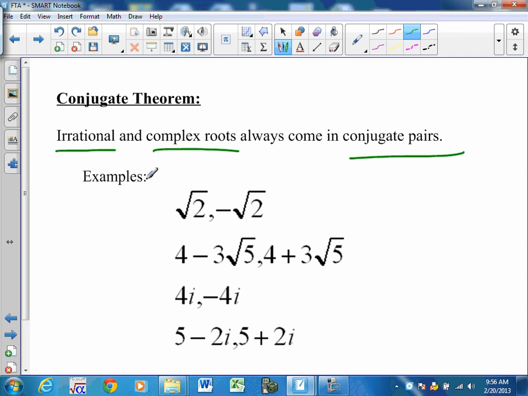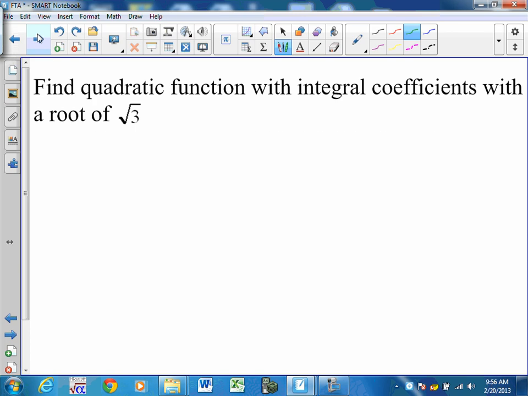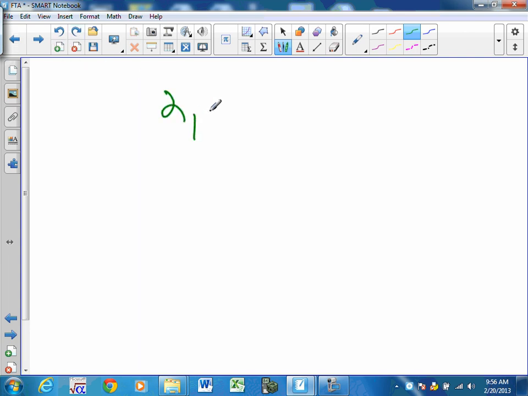Remember, when we've looked at before, if I have 2 and negative 3, my factors would be x minus 2, and I'm going to write it this way for now, x minus a negative 3. Well, minus a negative is plus, so we get x minus 2, x plus 3.